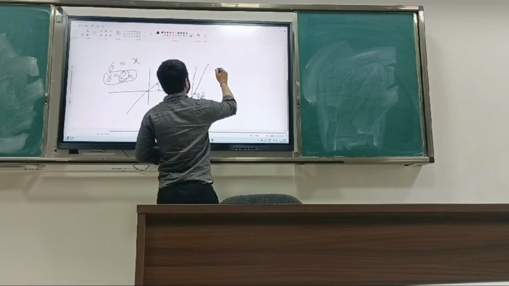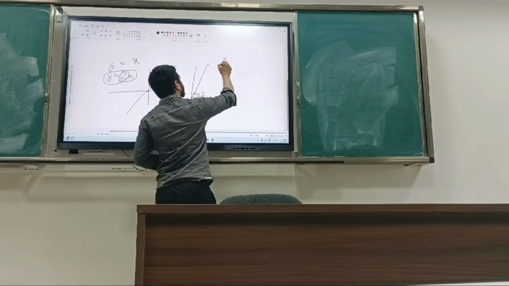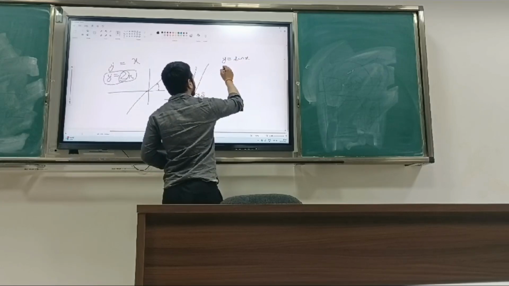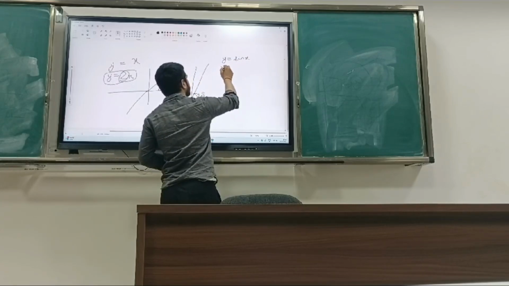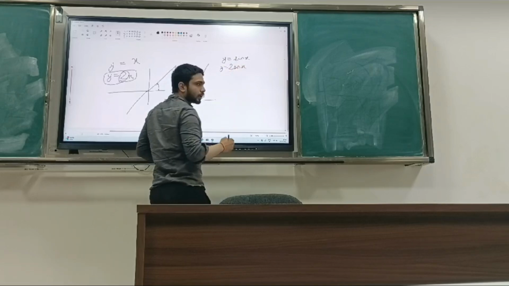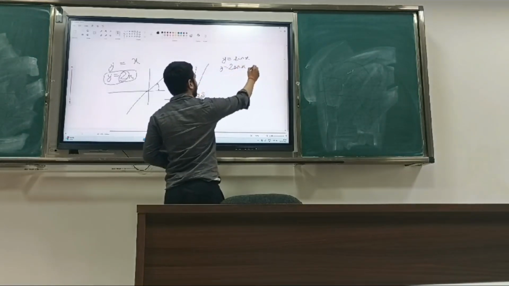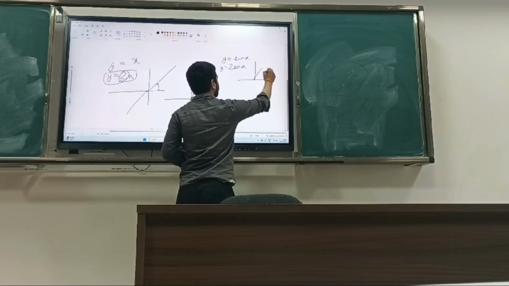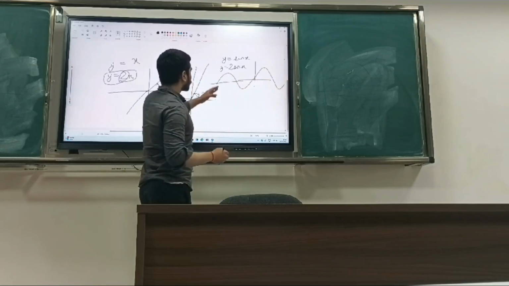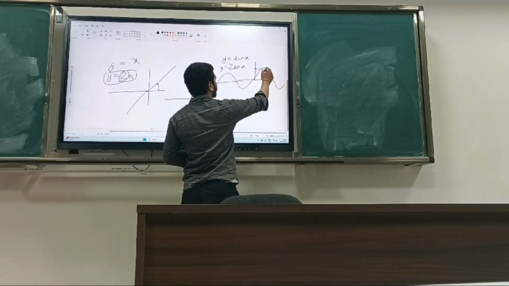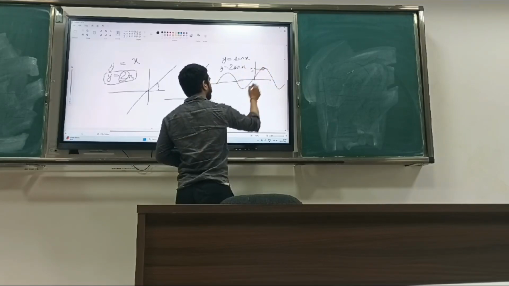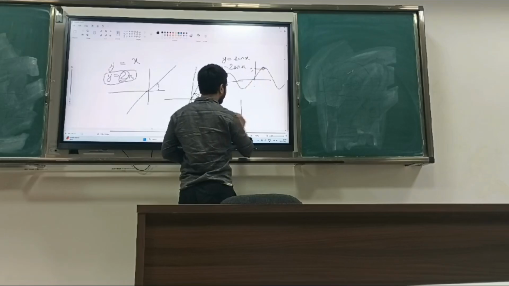Suppose that there is a graph of y equals sin x, and we have to draw the graph of y equals 2 sin x. We know the graph of sin x is like this. For the graph of 2 sin x, this 1 will be 2, because 1 into 2 is 2. So these peaks will go upward like this.